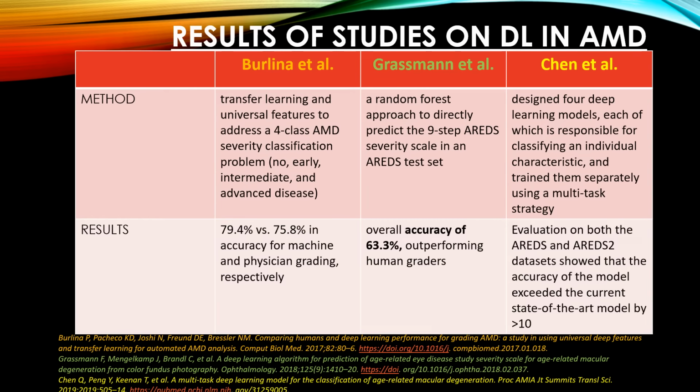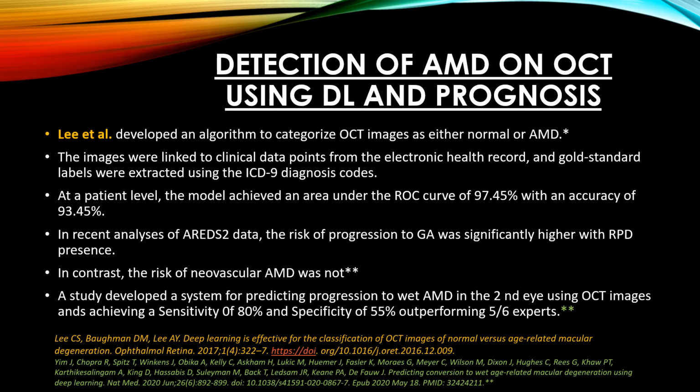By Grassmann et al., the overall accuracy was 63.3%, again outperforming the human graders. By Chen et al., evaluation on both the AREDS and AREDS2 data sets showed that the accuracy of the AI model exceeded the current state-of-the-art, meaning whatever the current modality of detection is, by a ratio of greater than 10. So again, the machine learning was more accurate.